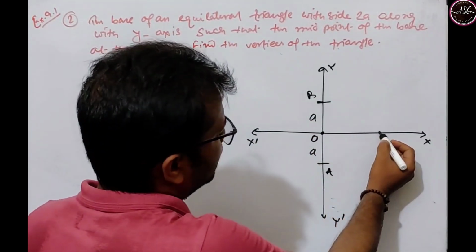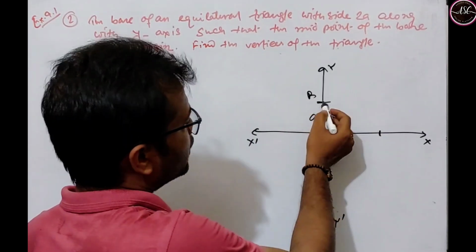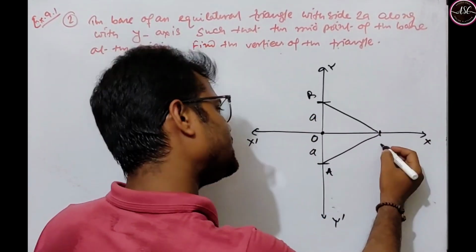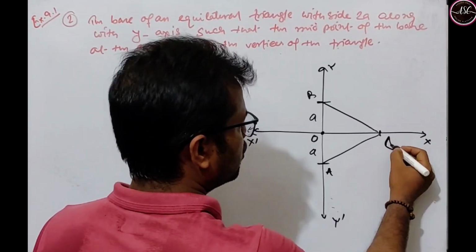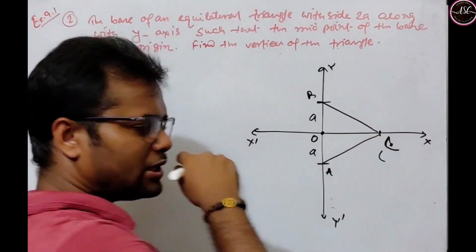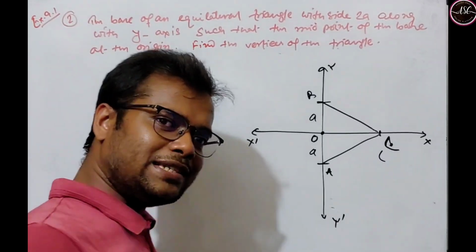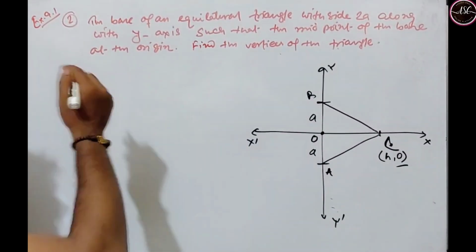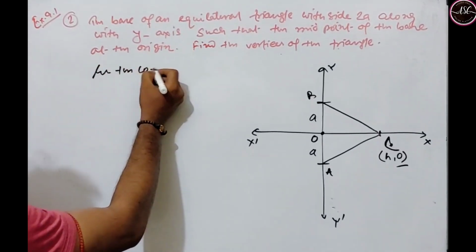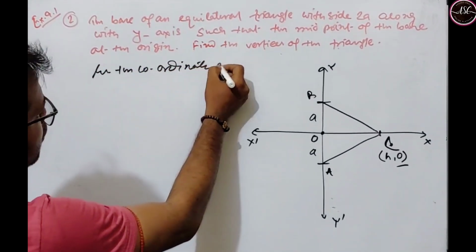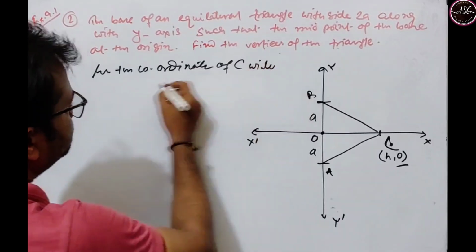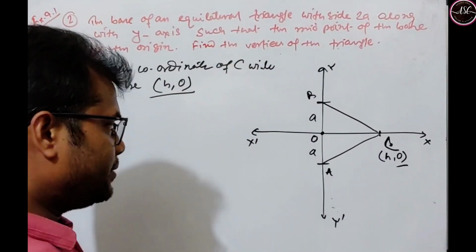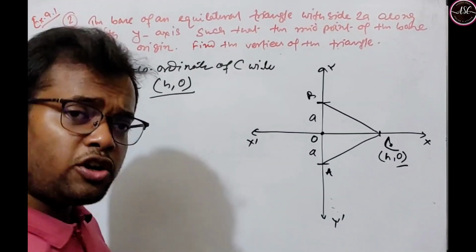And here as this is an equilateral triangle, every side is the same, let this be C. Okay, and the coordinate of C will be, here the point is on the x axis, so let the coordinate of C be h comma 0. We have to find the h and the coordinates of A and B also.